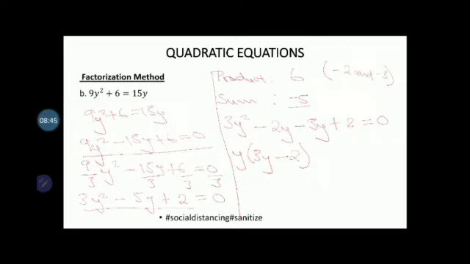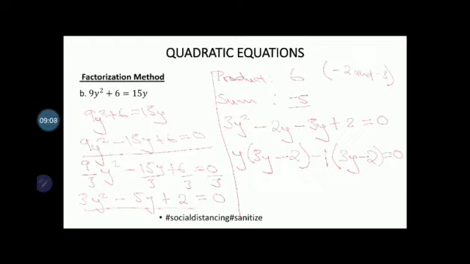So we have to be smart in our factoring out. The 2 has to be negative. If that's the case, then we factor out the negative from the last two terms. So minus 1 is common in the last two terms, so that negative 1 into 3y will give us a positive 3y, and negative 1 into 2 will give us minus 2, which is equal to 0.